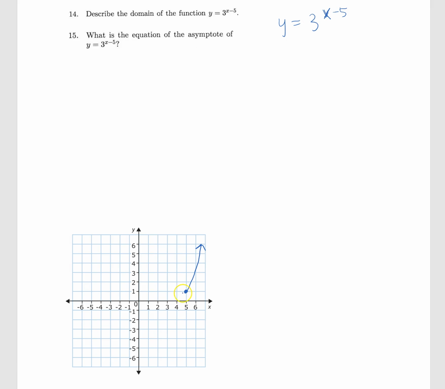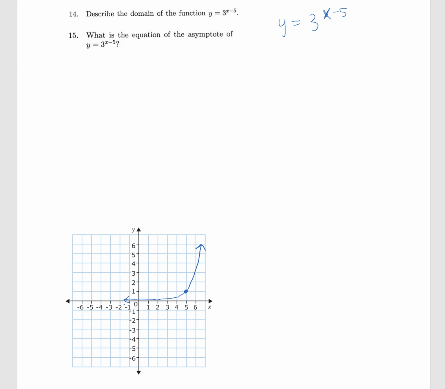So what happens on this side is that it's going to get smaller and smaller and smaller, and approach 0, but it's never actually going to get there. Sorry, I seem to have lost my line here. It's never actually going to get to 0 because it's always just going to become a smaller and smaller fraction, and y is never going to be actually equal to 0. So that's what our function looks like.